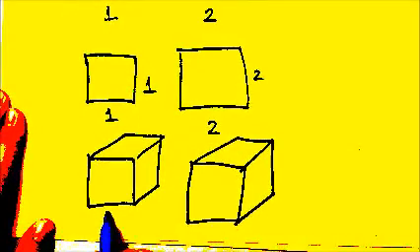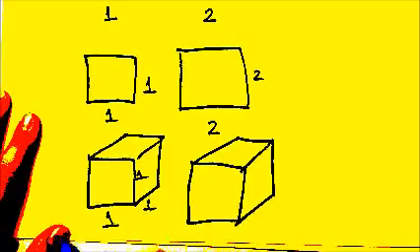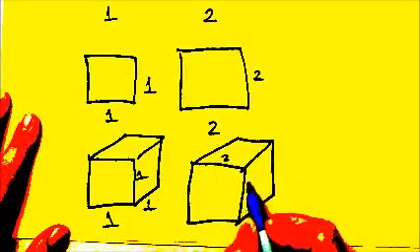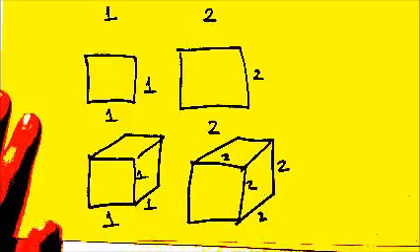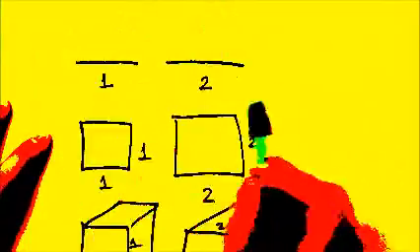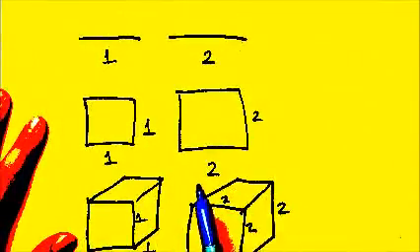This has a side length of 1, the cube, and then we scale it by 2 again, and the side length becomes 2. Now, we're trying to find the length here, the area here, and the volume here.